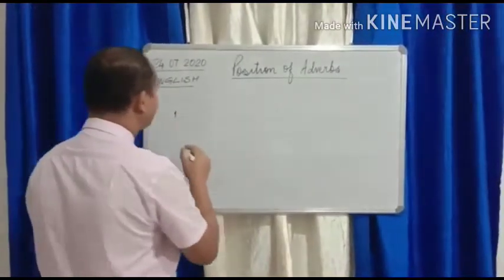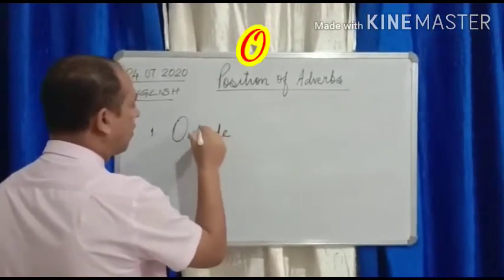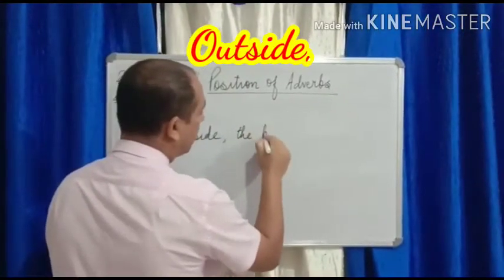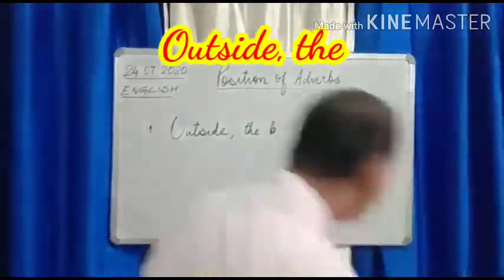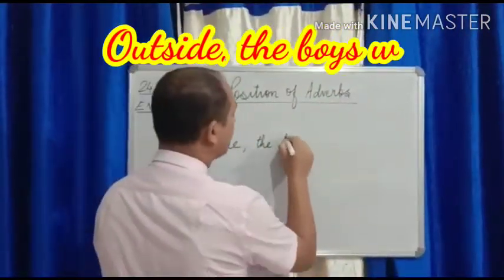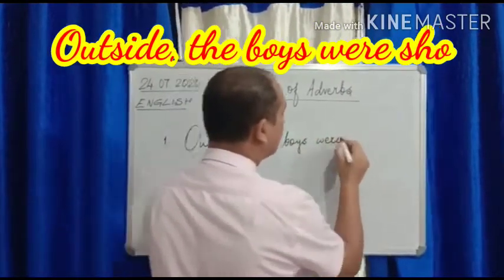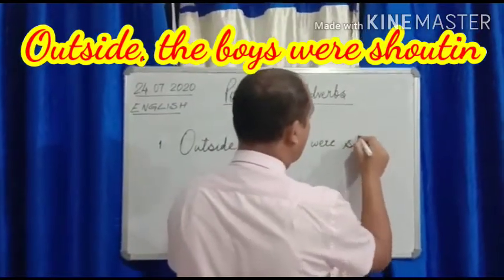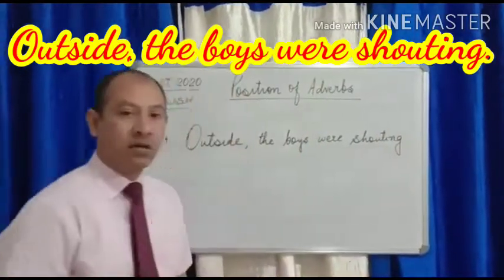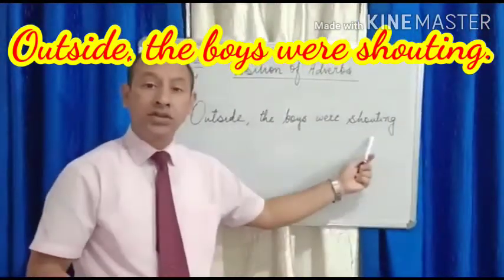Number one, outside, comma, sorry, the boys were shouting. Look at the sentence. Outside, the boys were shouting.